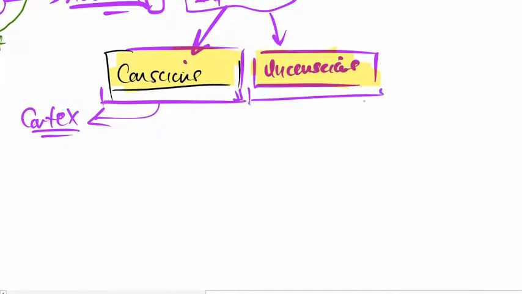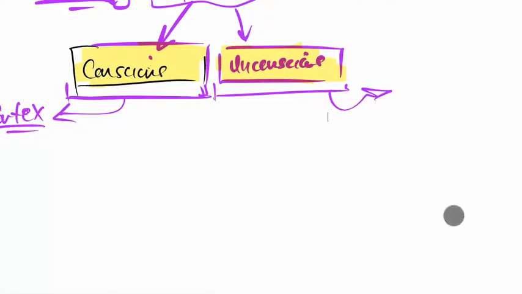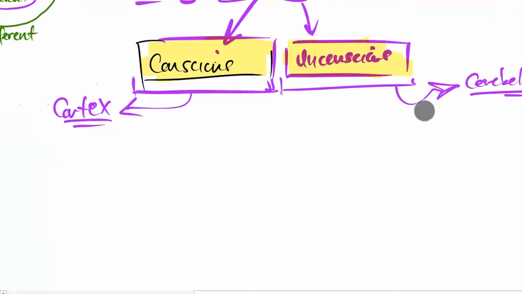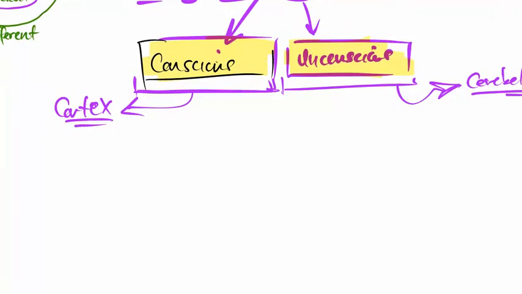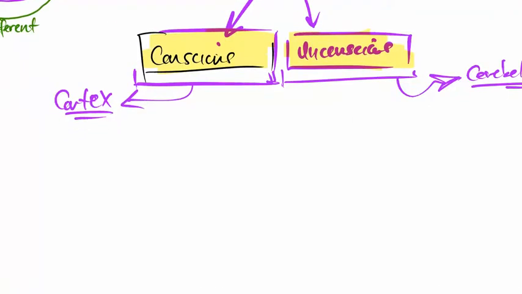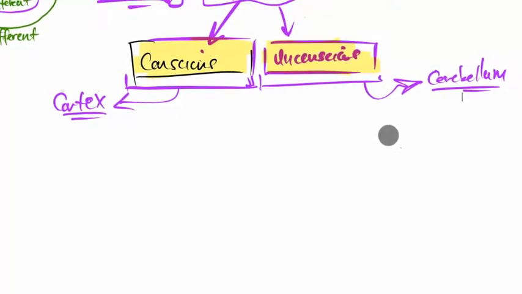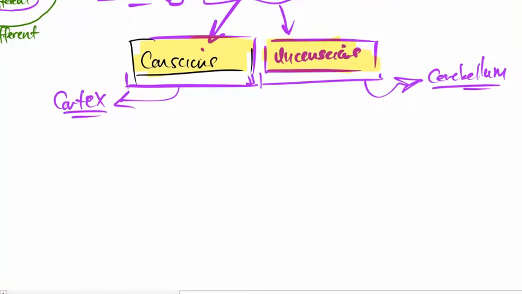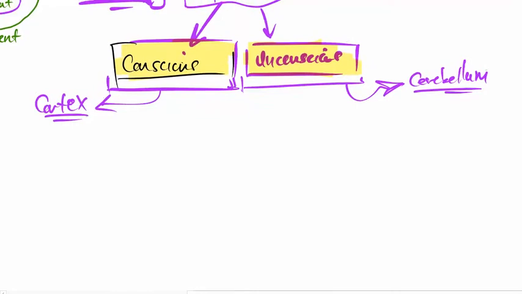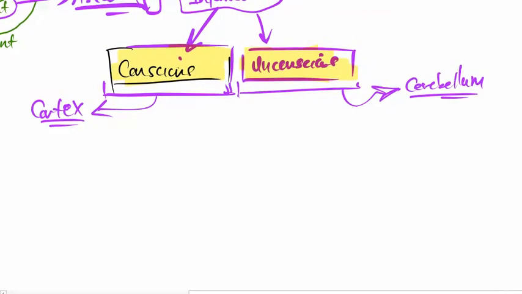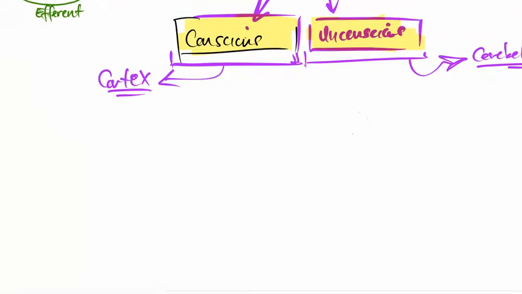Whereas the unconscious is more like your lower brain, your brain stem, cerebellum. So the one that goes up to your cerebral cortex, you'll be consciously aware of it. Whereas the one that goes up to your brain stem or cerebellum, you're not going to be conscious of that information. It's going to be unconscious. Even though that information is going up to your brain, you're not going to be aware of it, right?